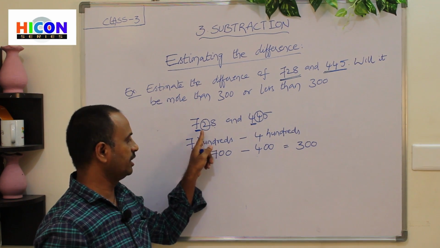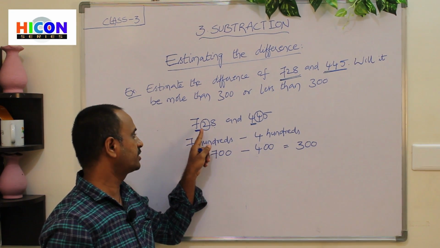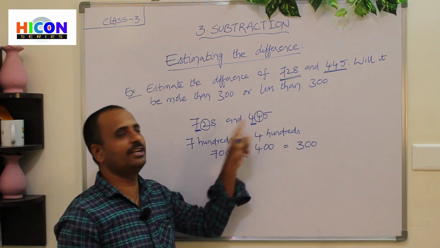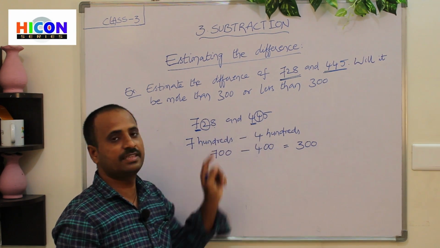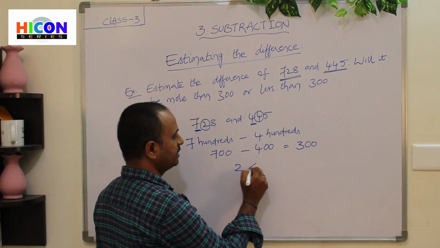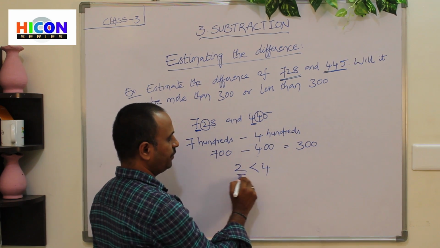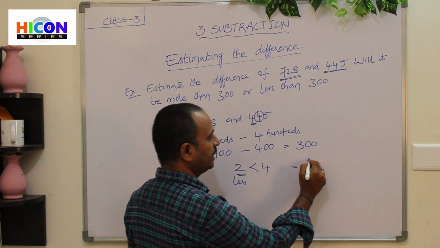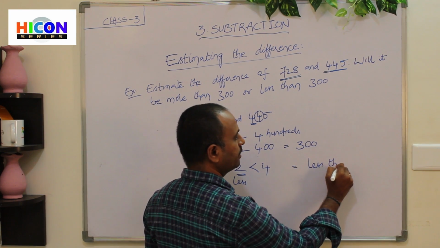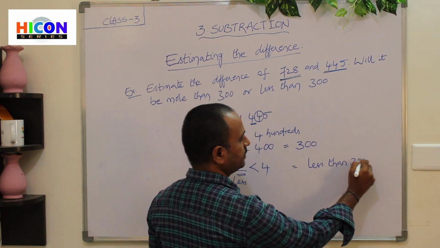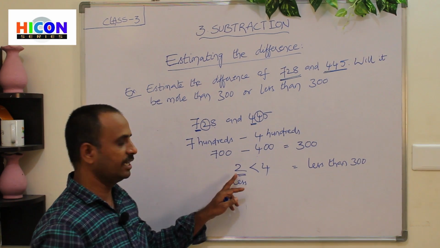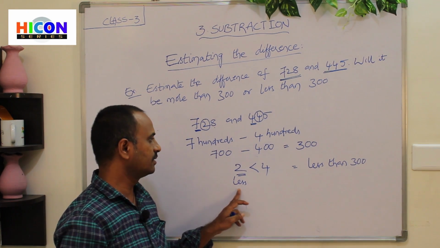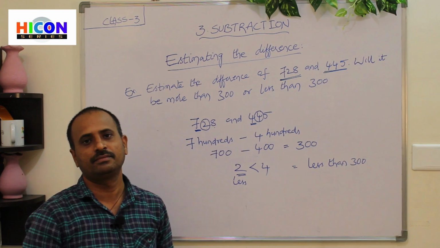If the first number is less than the second number, here 2 is less than 4. So if the first number is lesser, then the answer will be less than 300. Since the first number is less, the answer will be less than 300.